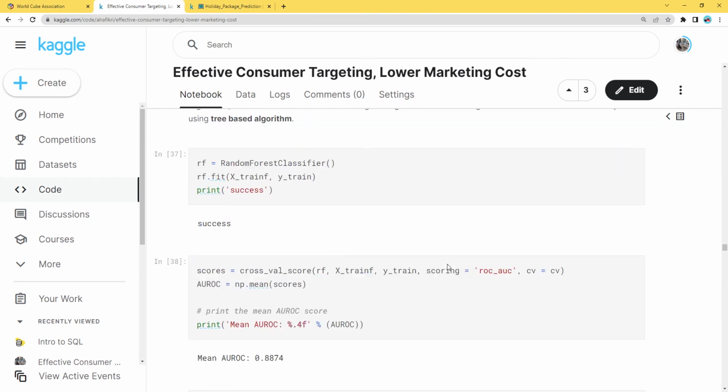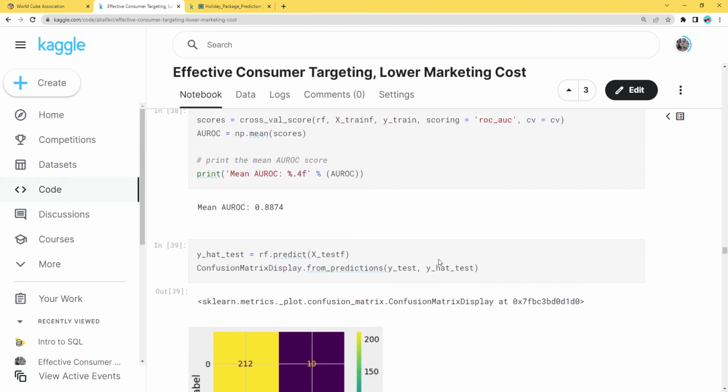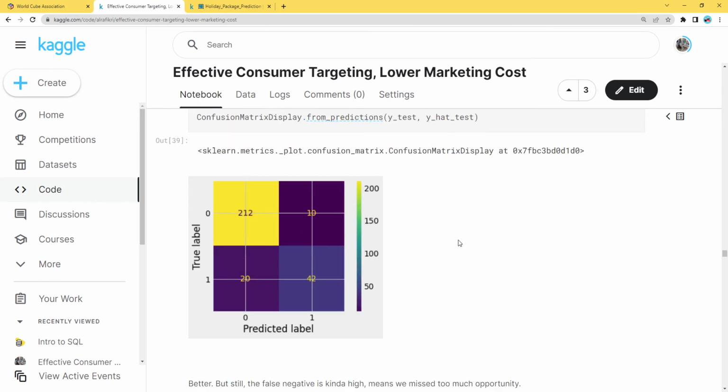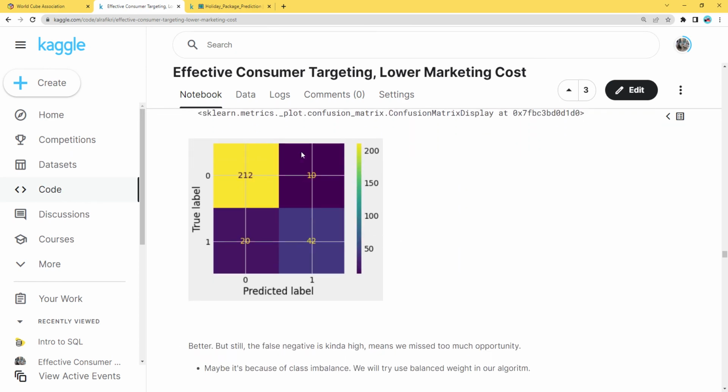So we want to try the three best algorithms, and the overall score is higher than logistic regression, and the confusion matrix is actually better too, because we only have 10 false positives and 20 false negatives. So the true positive is higher than both.